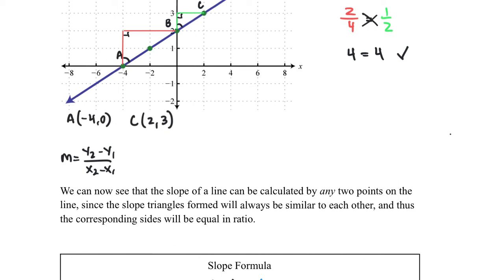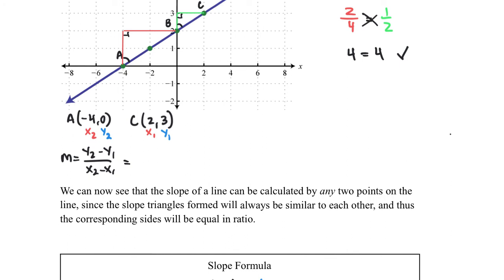I'm going to label this as x2, and this is y2. And so the other one will be x1, y1. Now you could switch those if you want. What you can't do is mix. You can't have x1 and y2. That won't work.